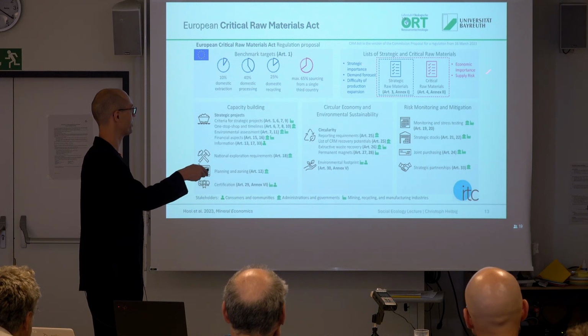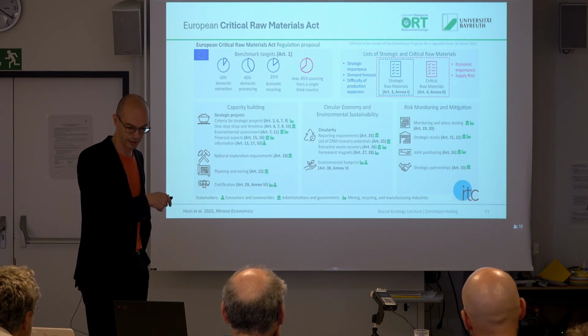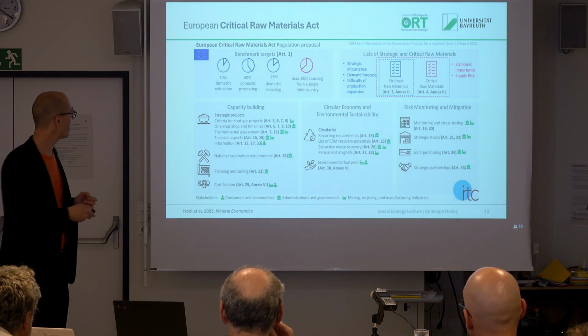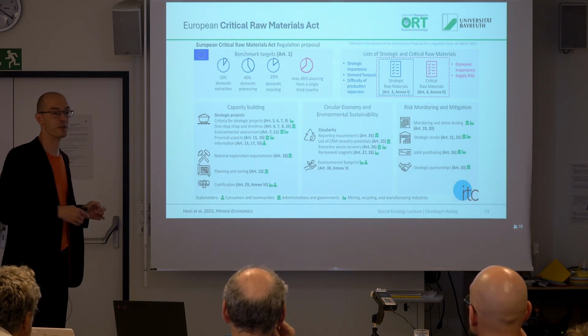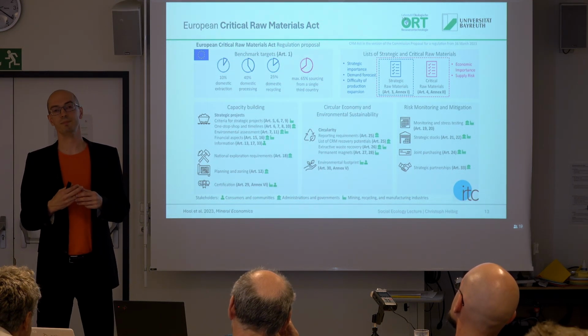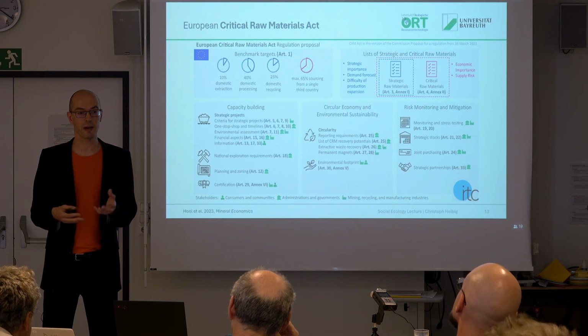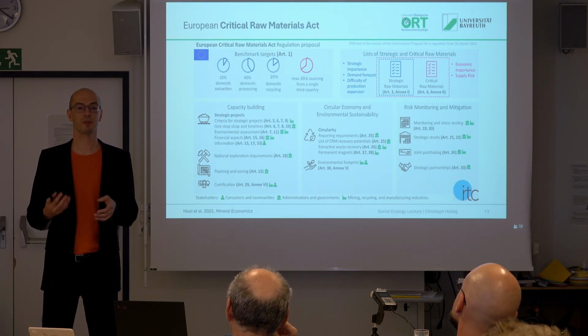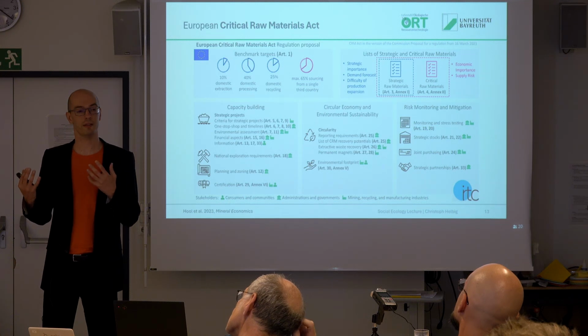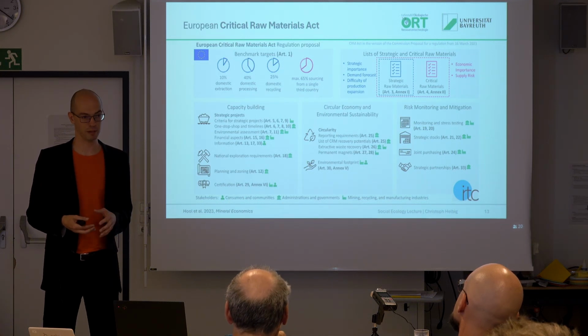Then there's strategic and critical raw materials. I'll get to that in the next slide. And the question is, what exactly do you want to do? Well, the one large part is strategic projects. So there's a lot about permitting processes, how strategic permitting for mining operations, quarrying, as well as recycling facilities will happen.